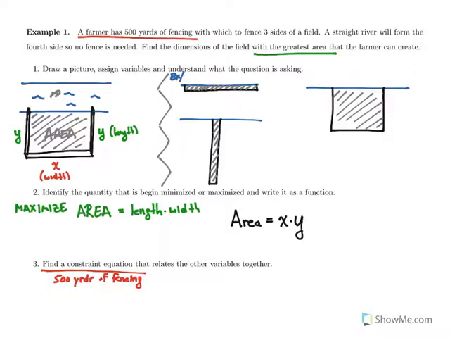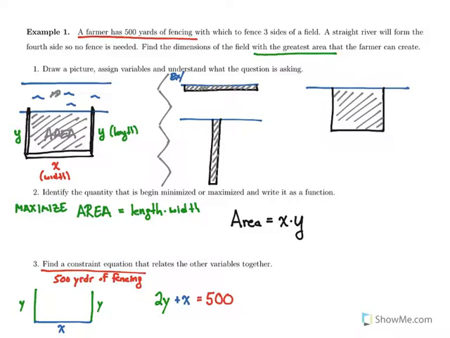So in our problem, using our variables, how much fencing do we have? Well, we have two sides of length y and one side of length x. So our total fencing is going to be 2y plus x is going to be equal to 500.